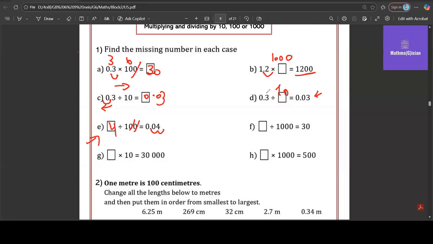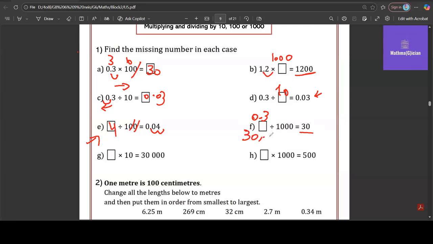Okay, did you get it? Yes. Nice. Okay. Which number should we divide by 1,000 to get 30? It should hold the 3. So is it 3 divided by 1,000 equals 30? Or 0.3 divided by 1,000 equals 30?